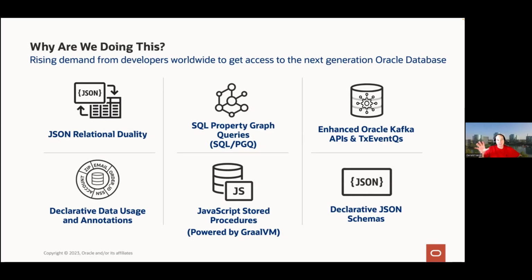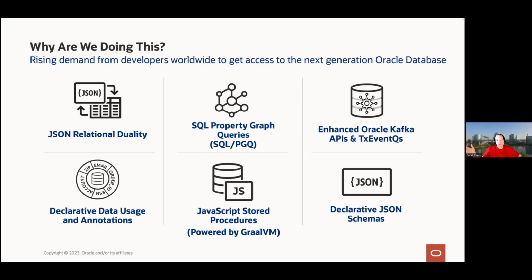In particular, there are 6 areas, or features, that got a really good reception when we announced Oracle Database 23c at CloudWorld last year, and developers couldn't wait to get their hands on them. First and foremost, JSON relational duality, where there will be a separate webcast just on that one, so we'll not go into too much detail.